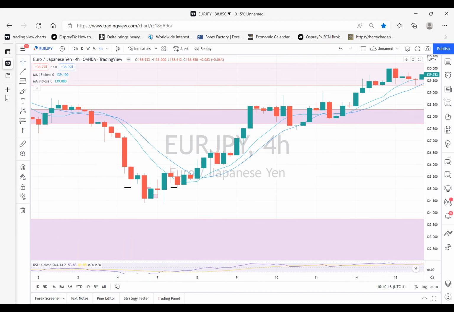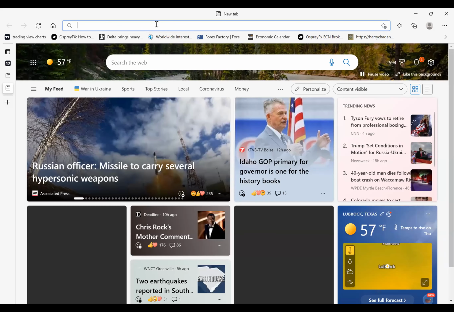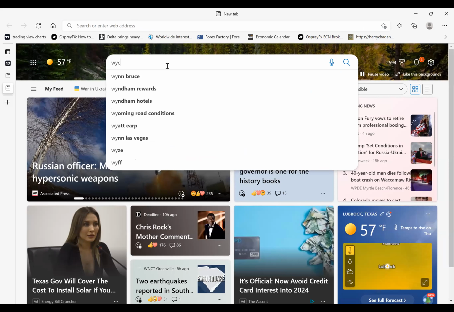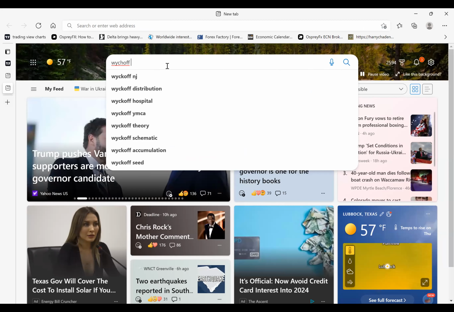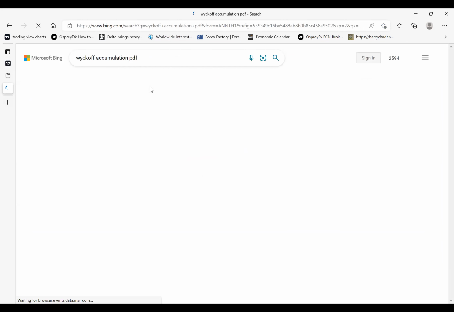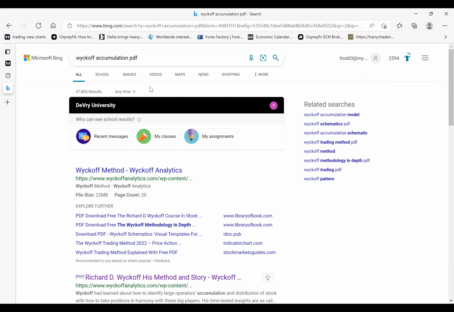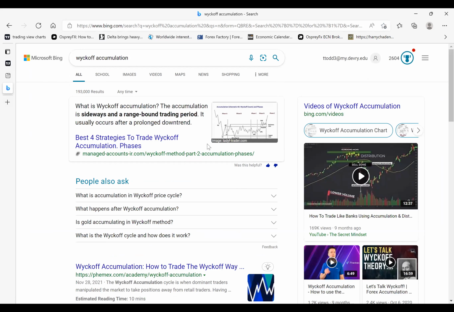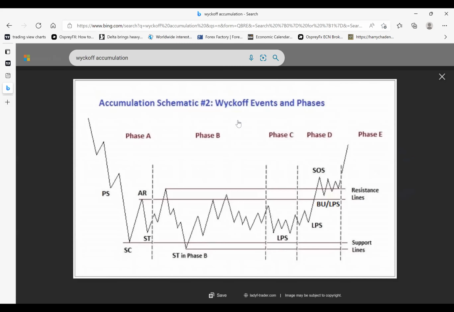So if you Google, there are a number of these schematics. This is schematic number 2.